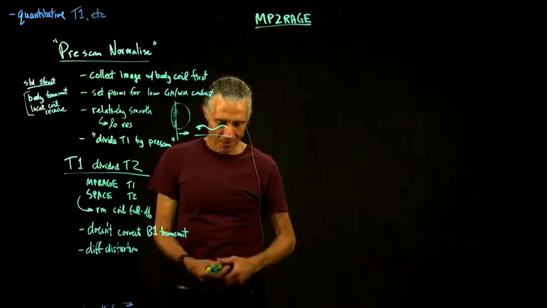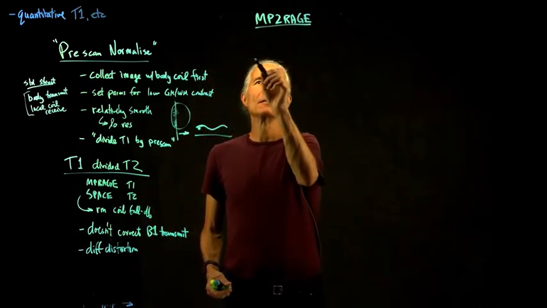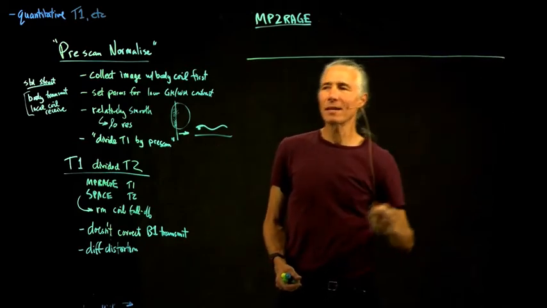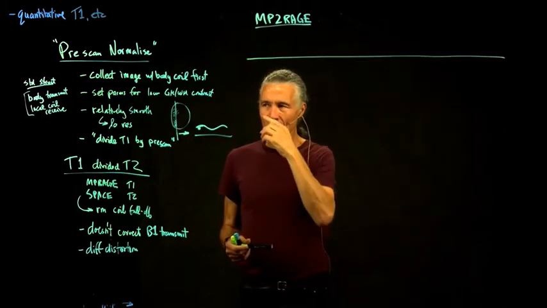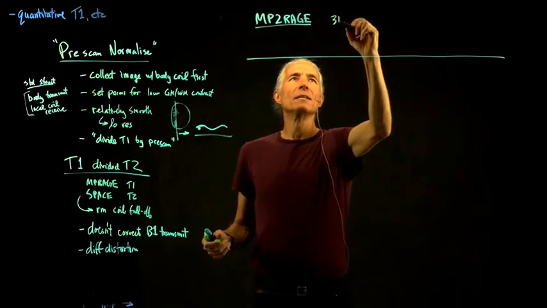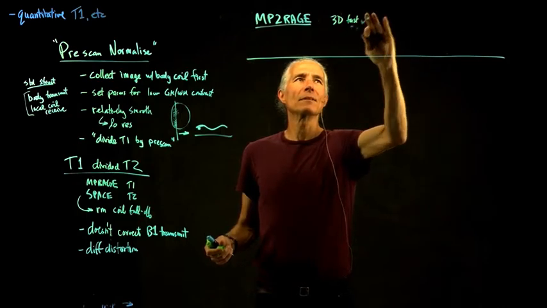So what does that look like? You collect 2 complete sets of data. So this is a 3D fast spin echo. Sorry, fast gradient echo.